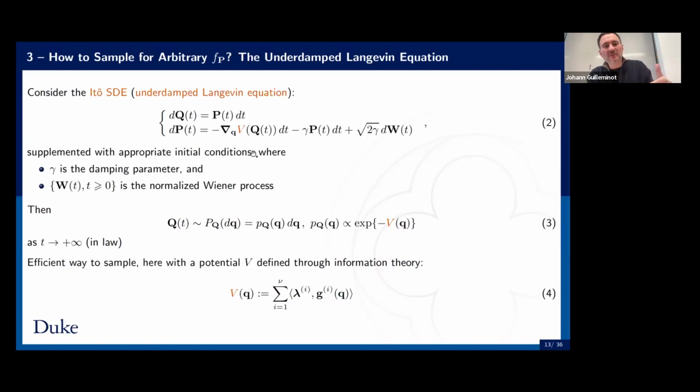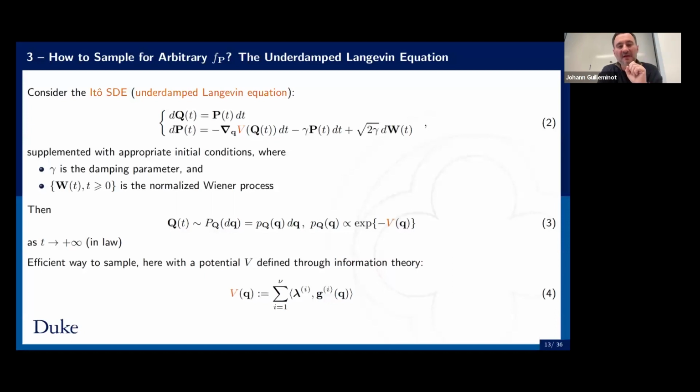I don't want to comment too much on this because, depending on your background, it might just not be relevant. But the point I would like to make is that you have an equation that depends on time, and you're going to integrate it. So I'm going to combine this with a time integrator. I'm going to discretize time, and I'm going to integrate this to generate sample paths.